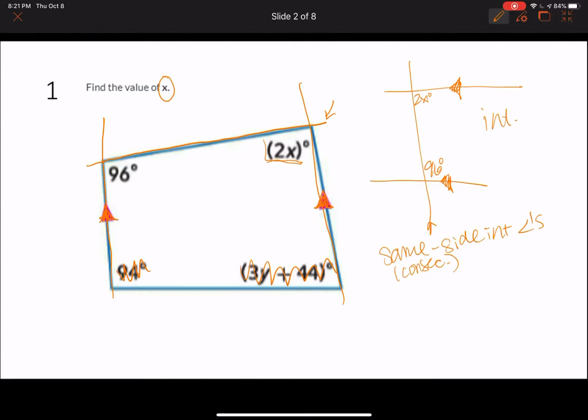Pretty much what that means is you can add these up to equal 180 degrees, and then you can solve for x. And you would get x equals 42.